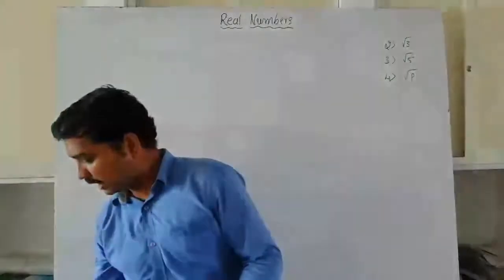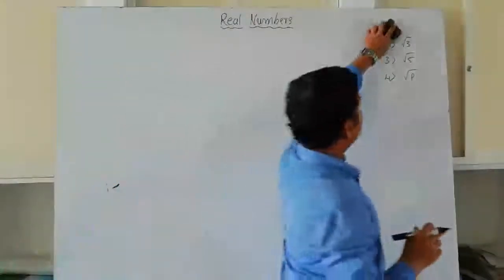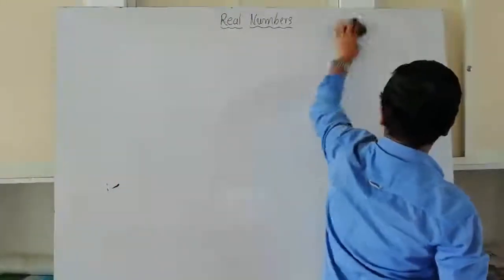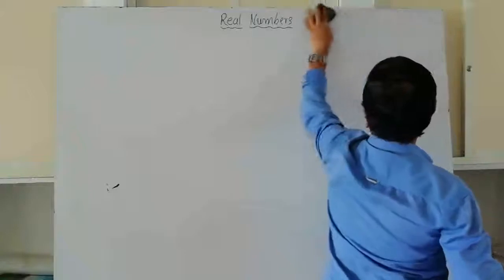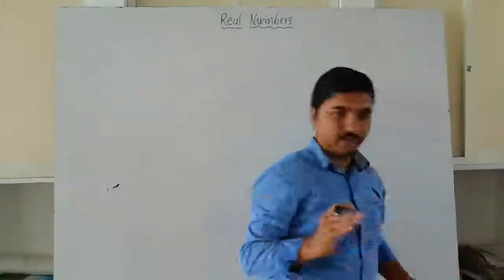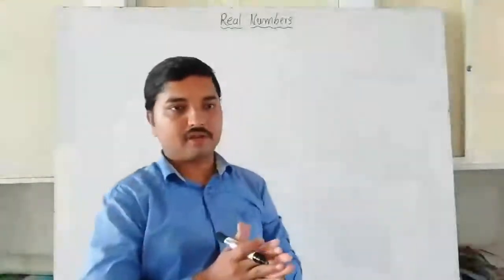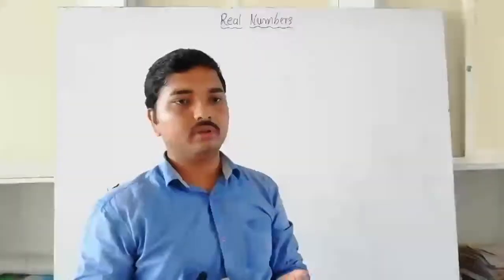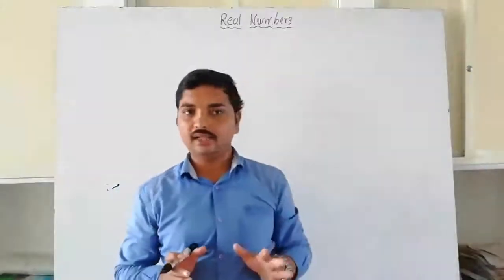Initially I told you only two varieties of problems will appear under this concept. The first is just proving irrationality, which is why at the start I gave the title proof of irrationality. Just one number will be given to you, and you need to prove that it is an irrational number.